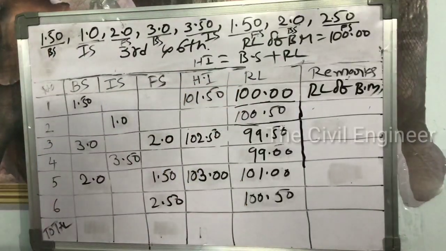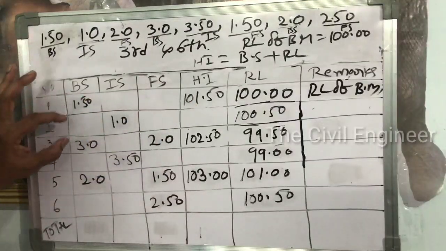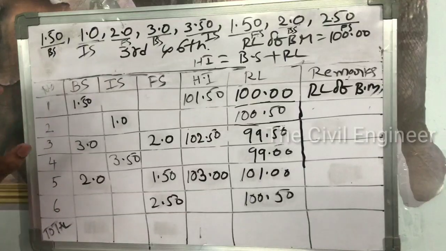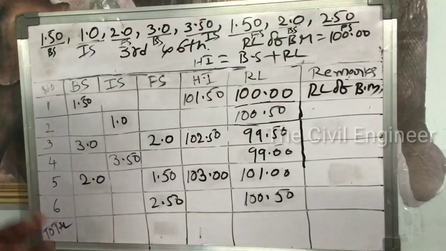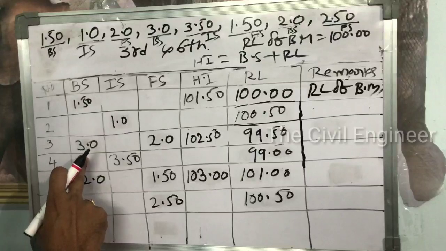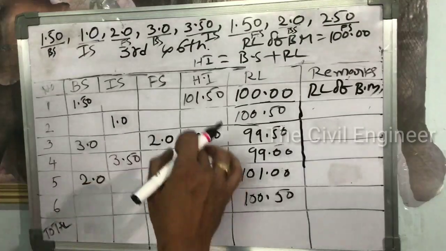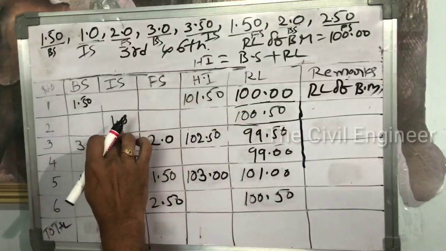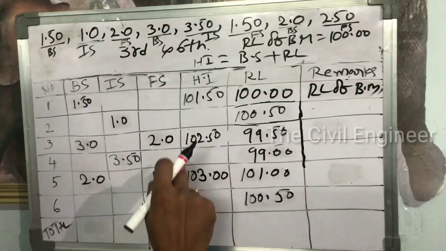Once again I am repeating the process. First, how many backsides are there? There are 3 backsides, so the HI values are also 3. Whenever there is a backside, there is an HI. Next, HI minus IS is equal to RL, and HI minus FS is equal to RL.